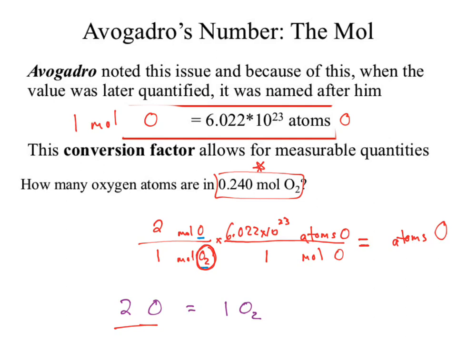Are you having a hard time going from a fraction to an equal sign? Is that what you mean? You get that? Believe it or not, this step is one of those big steps that a lot of people just miss.